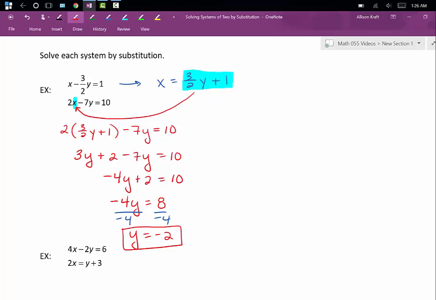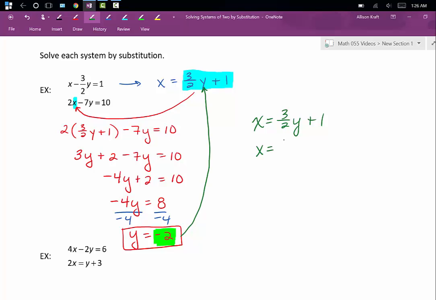Now that we know what y is, we want to substitute this negative 2 right back up here for y. See, we know that x is equal to 3/2 y plus 1. We've now solved that y is equal to negative 2.